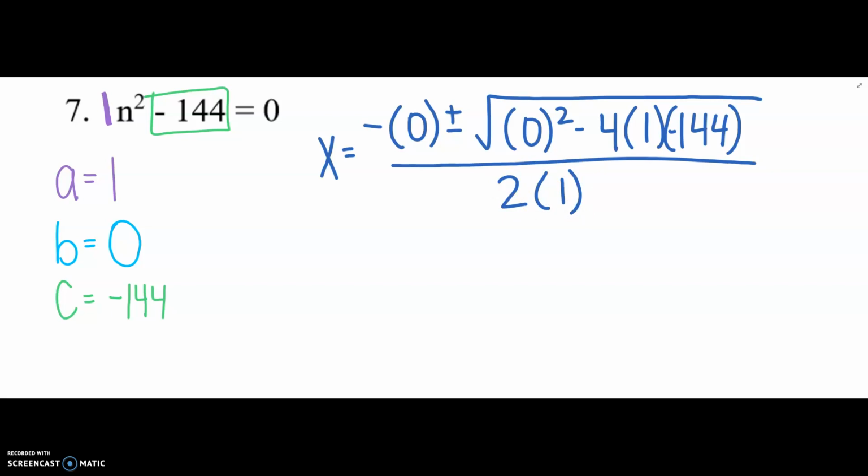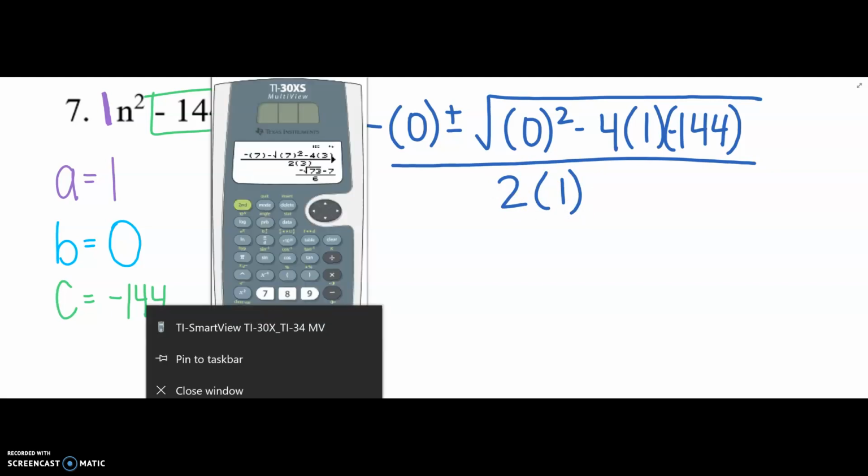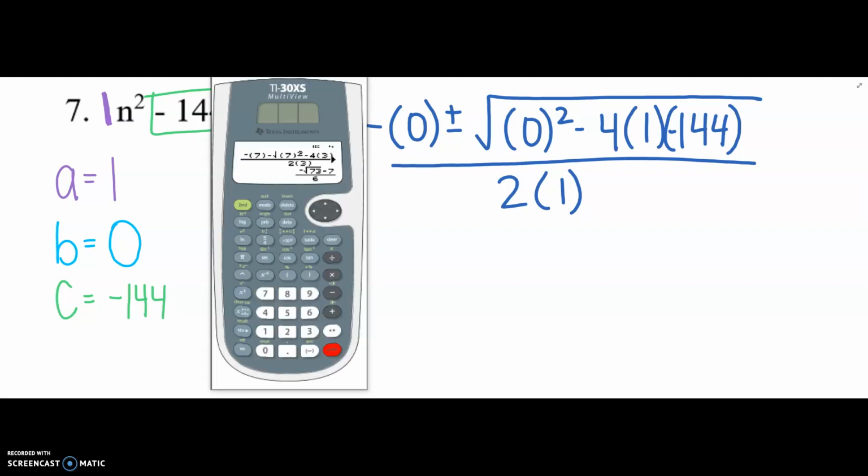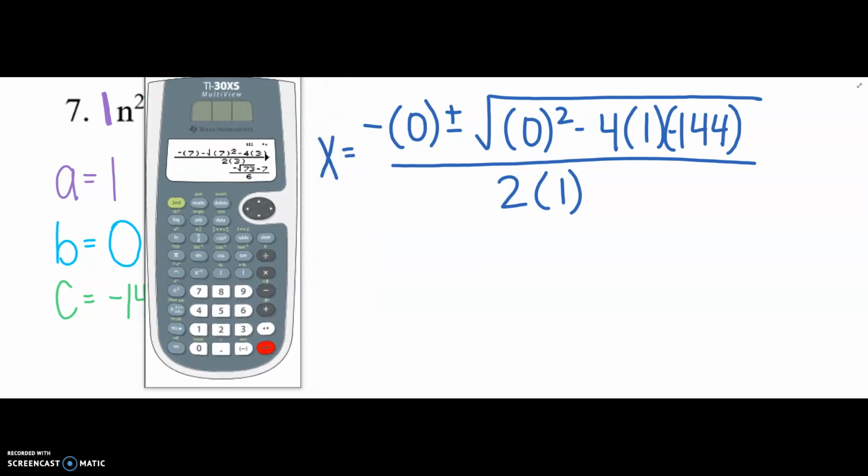If you remember this problem from previously, when we've done this problem, you probably already know the answer, but I still want you to go through it with the quadratic formula just to see that it does work.